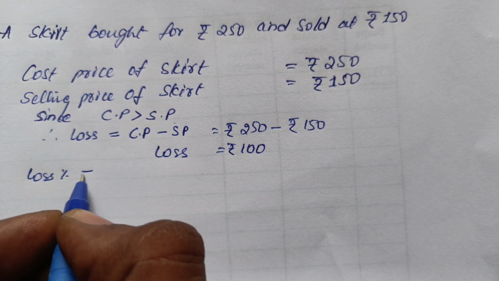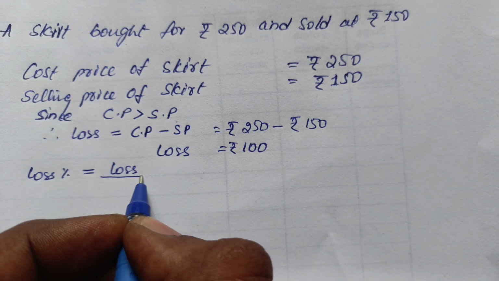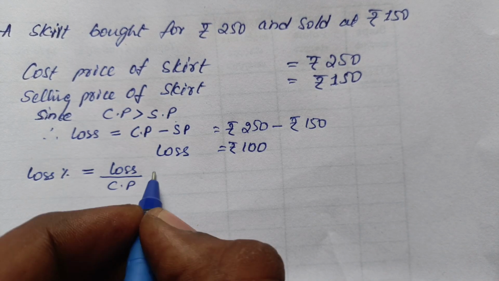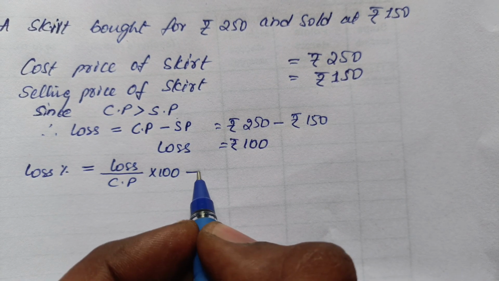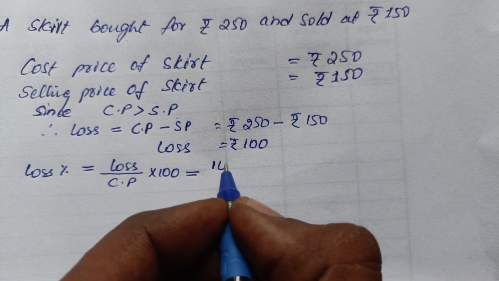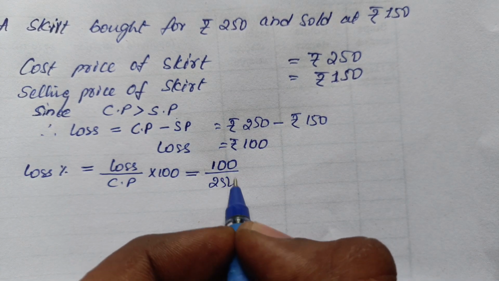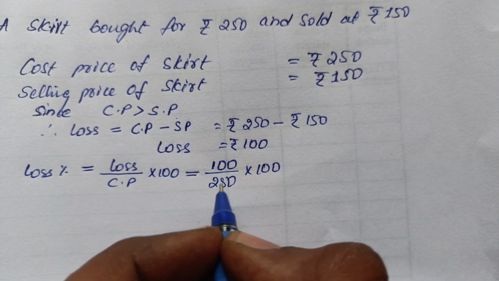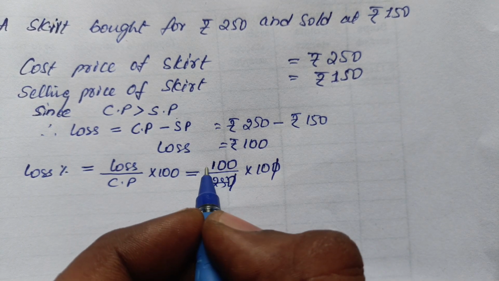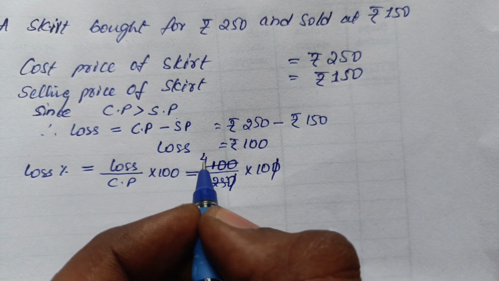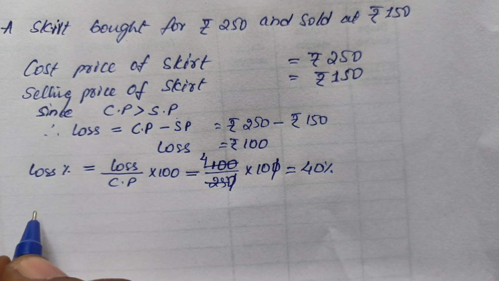Loss percentage is equal to loss divided by cost price into 100. That is equal to loss 100 divided by cost price 250 into 100. So 10 into 10, 25 ones are 25, 4 into 10 is equal to 40%. We have found out.